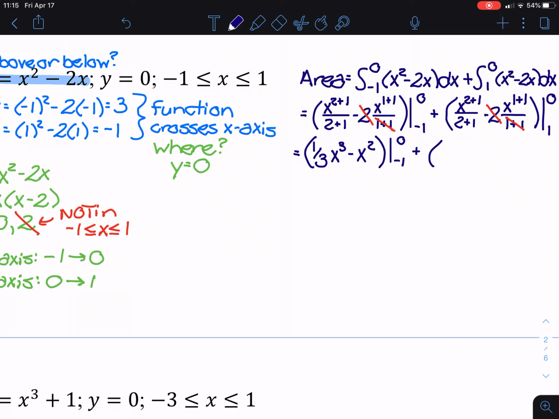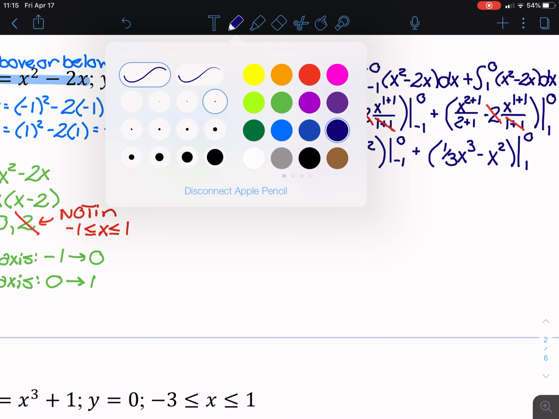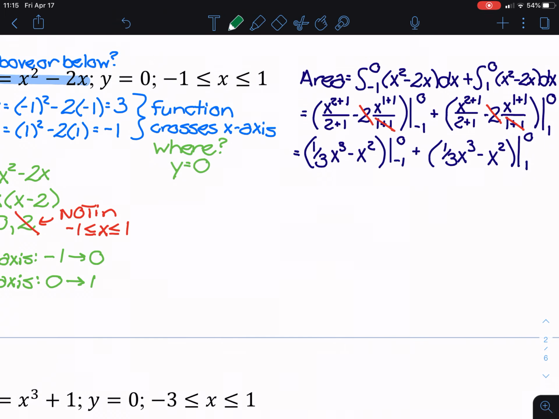And then again, I'm going to take 1/3 x cubed minus x squared, and I'm going to evaluate that one from 1 to 0. Okay, so I'm going to go ahead and figure out, for my three x values, -1, 0, and 1, what these values are going to take on.